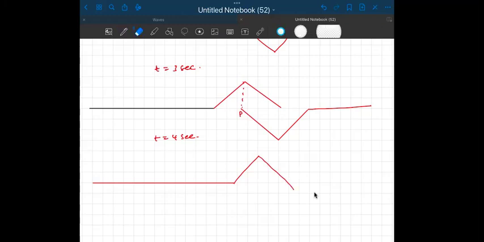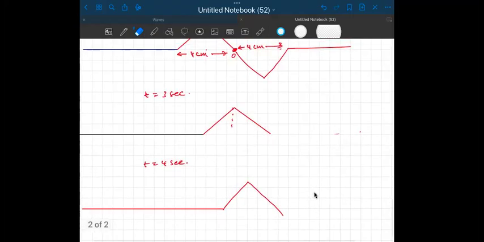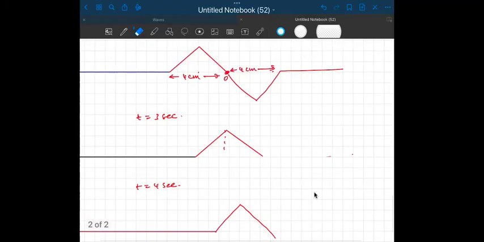Again, at t is equal to 3 seconds, 4 seconds, I think what I have done is wrong. If this moves by 2, this will also move by 2, no?